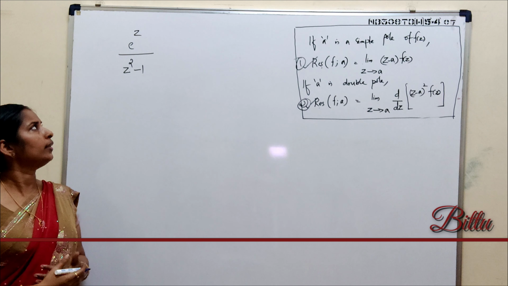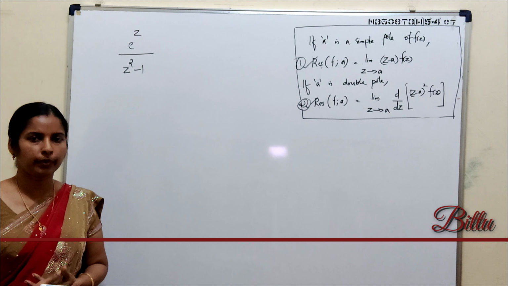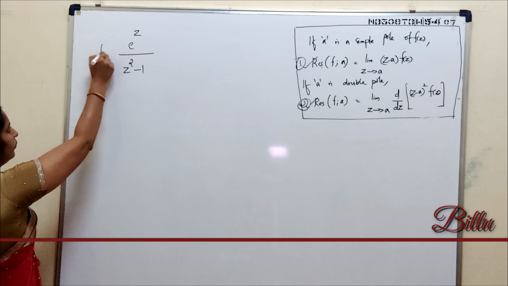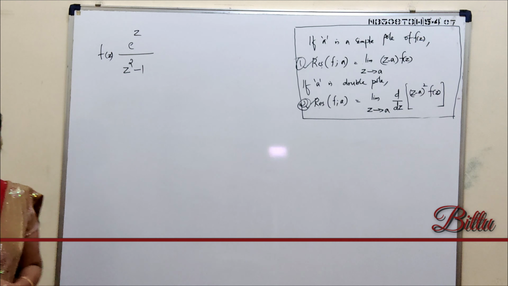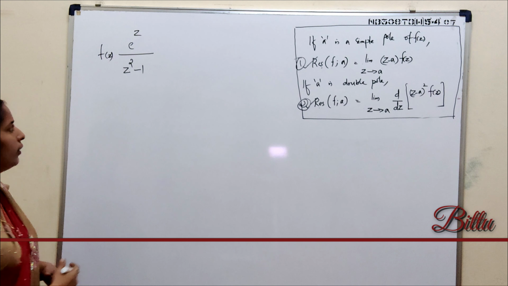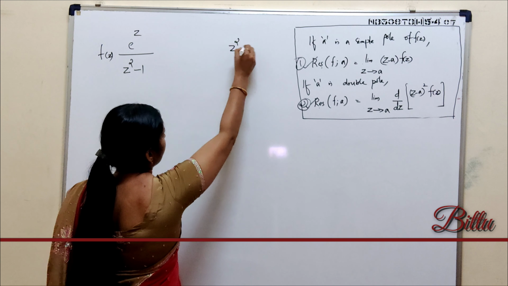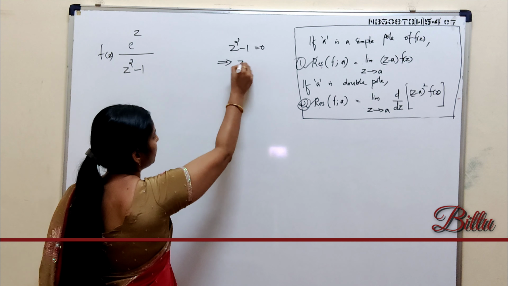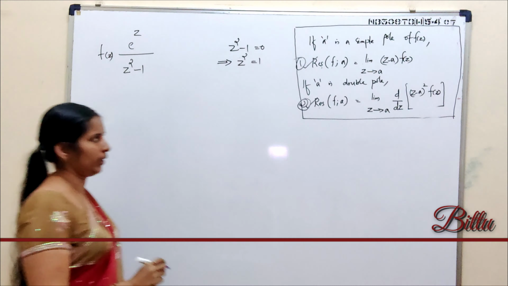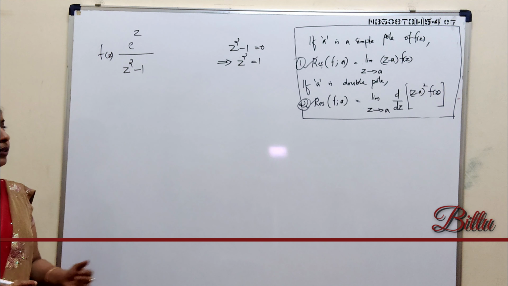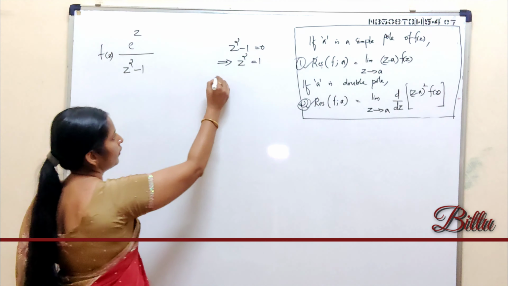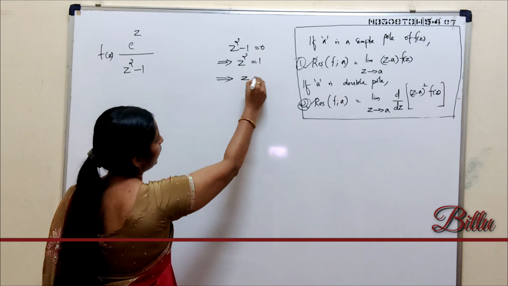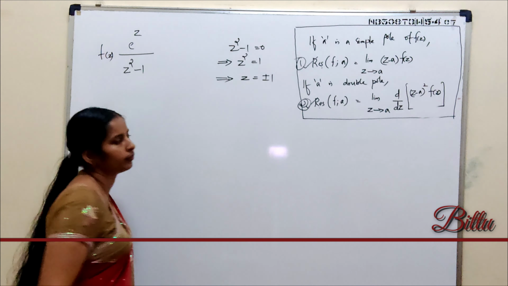Next, consider the function e raised to z by z square minus 1. We can find its poles by solving z square minus 1 equal to 0, which implies, you should be very careful while solving this equation. You can also use your calculator, that is z equal to plus or minus 1.